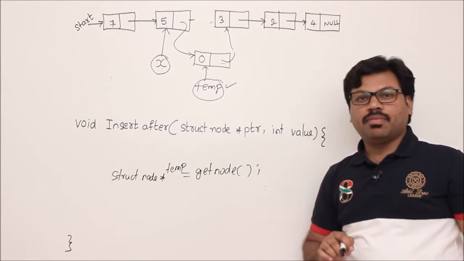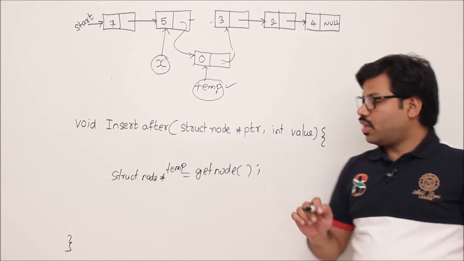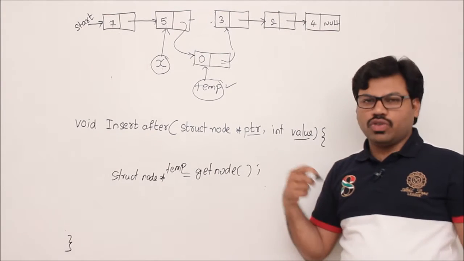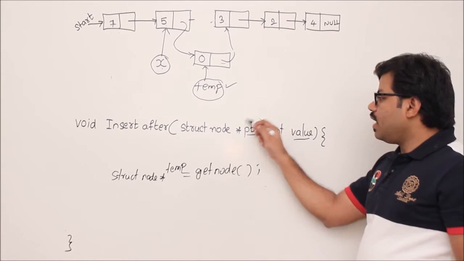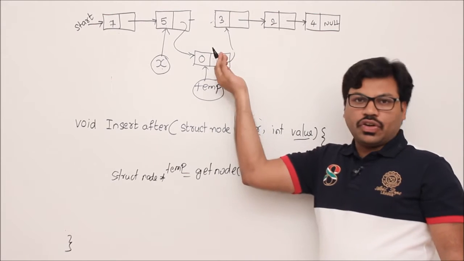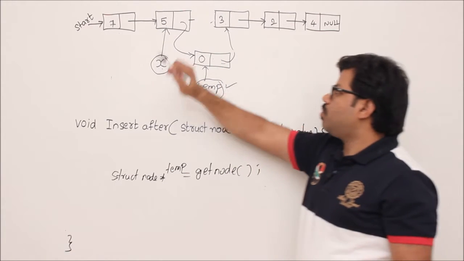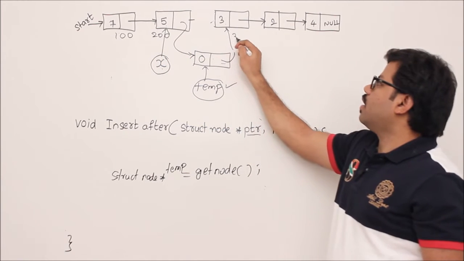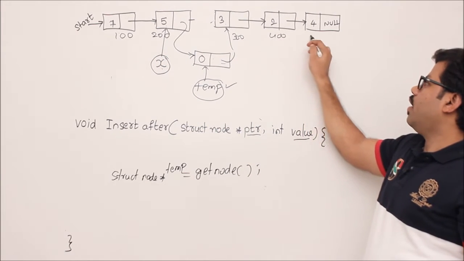One more thing I would like to talk about. What are PTR and value? Value is going to take the value which you are passing. PTR is going to remember the node after which you are going to add the value. Example, in this problem, this is memory address 100, this is 200, let's say 300, 400, 500.